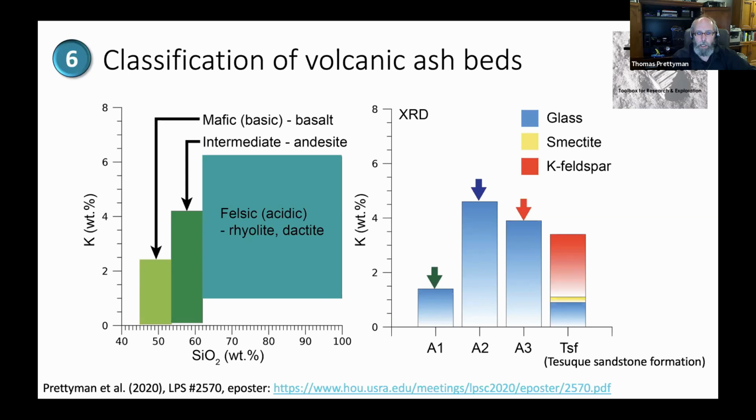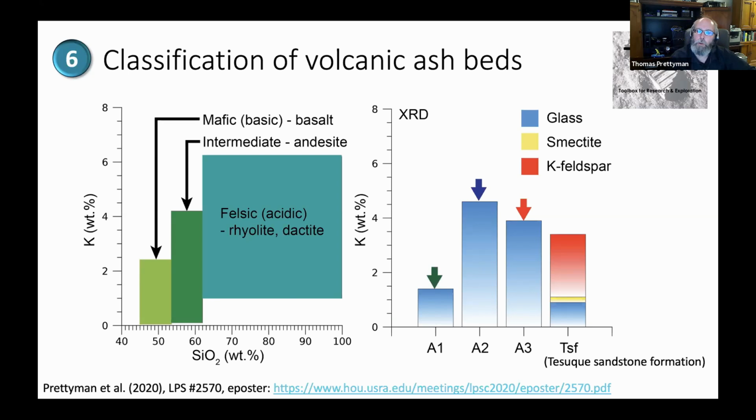And then on the right are the X-ray diffraction measurements that Dave Banneman made of samples from this region. And we measured specifically with GRS the samples A1 through 3 with the green, blue, and red arrows respectively, which we'll see in a second.